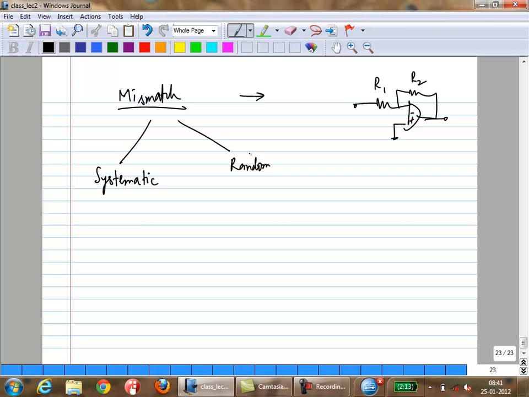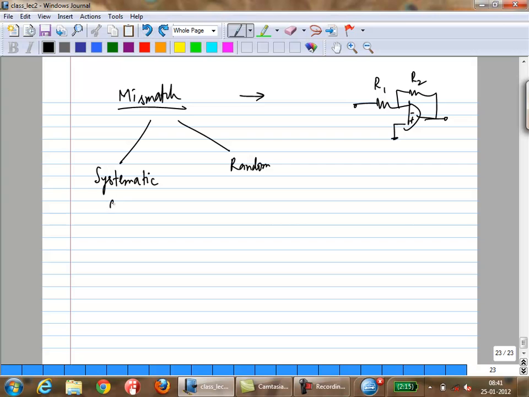It may be limited by the process, or by some other factor which is not under your control. So over the next 2-3 classes, we're going to look at the sources of systematic mismatch and random mismatch. Systematic mismatch is pretty straightforward. There are very clear ways to tackle it. Let's look at some examples of systematic mismatch.